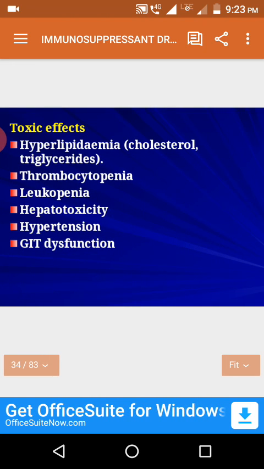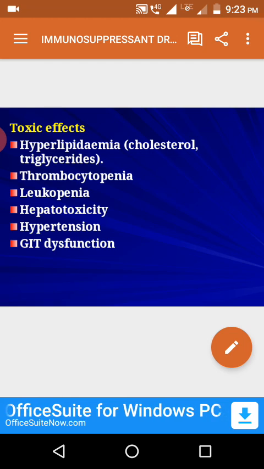Toxic effects: majorly hyperlipidemia, and also thrombocytopenia, leukopenia, hepatotoxicity, hypertension, and GI disturbances. Leukopenia is the major problem. With decreased leukocytes, there are chances of getting infections.